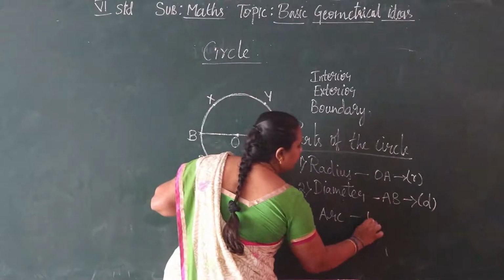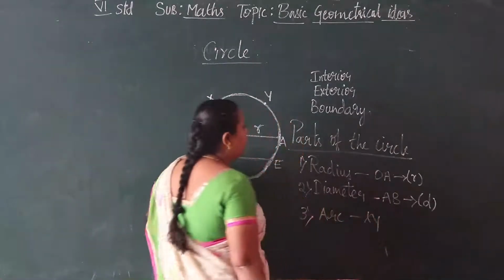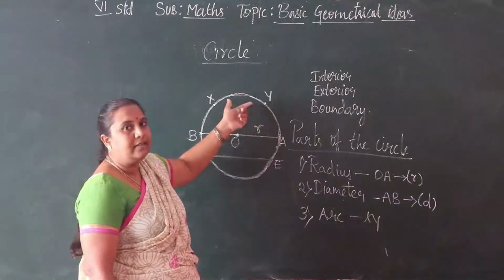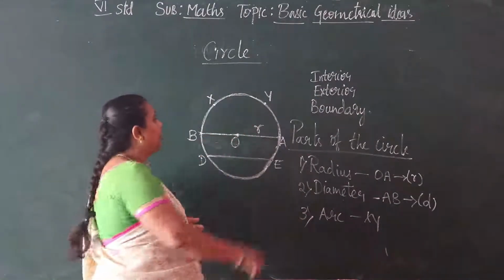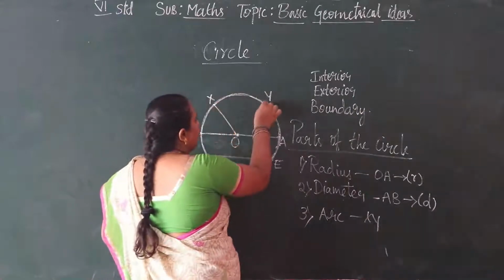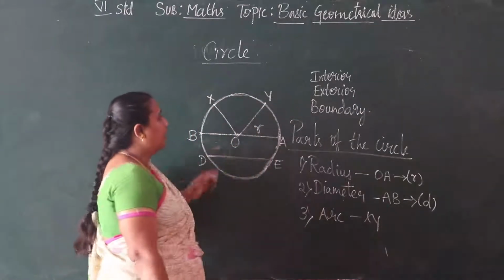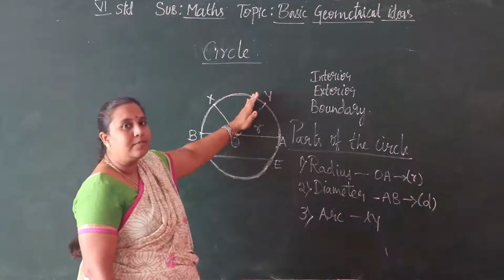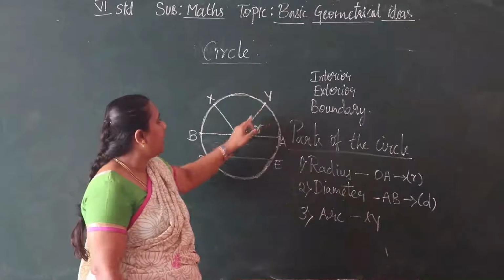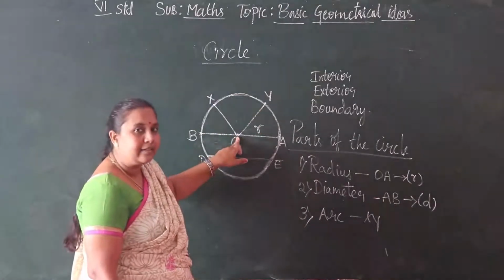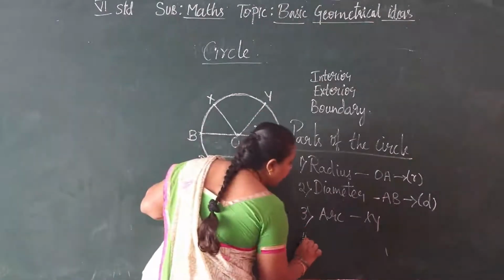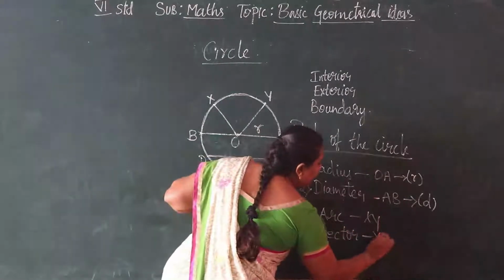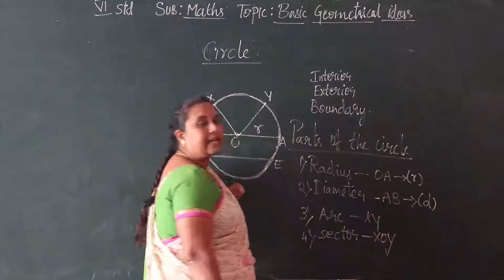While joining the ends of this arc to the center of the circle, like this, we are joining. See here, this is the boundary. OXY is a sector. XOY is a sector.